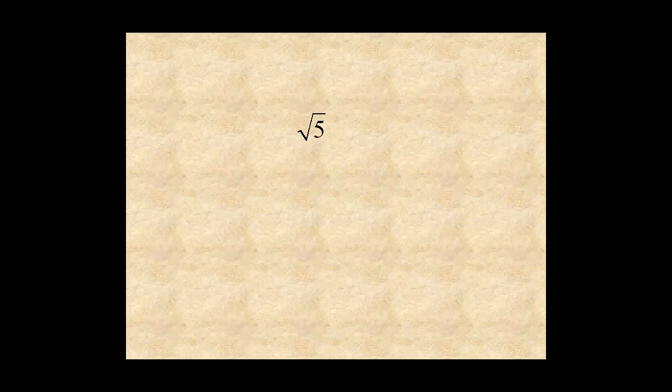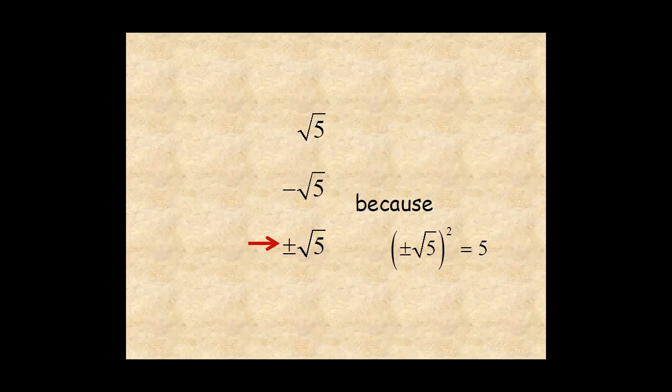So here's the positive square root of 5. Here's the negative square root of 5. And here's the combined statement. Plus or minus radical 5 is a way to write both roots in one expression.